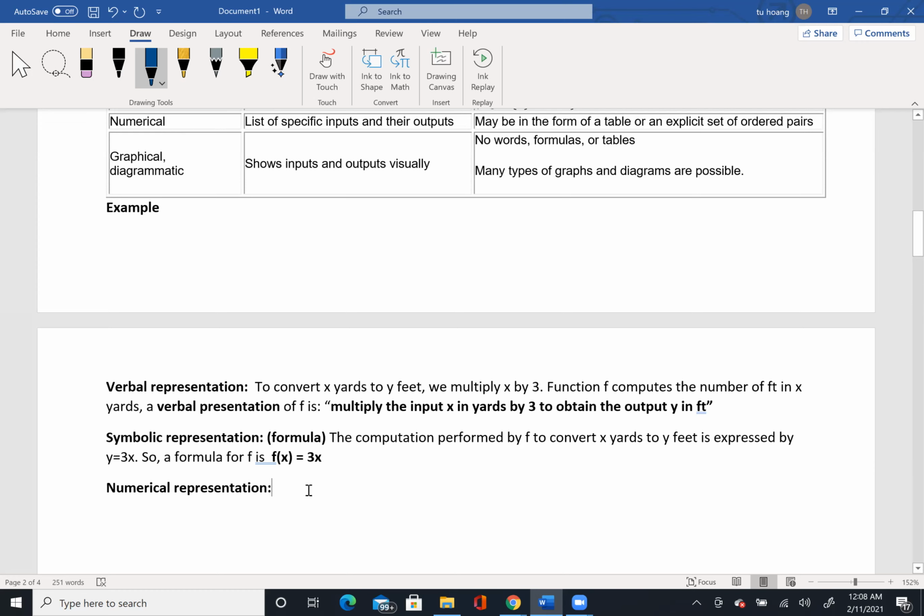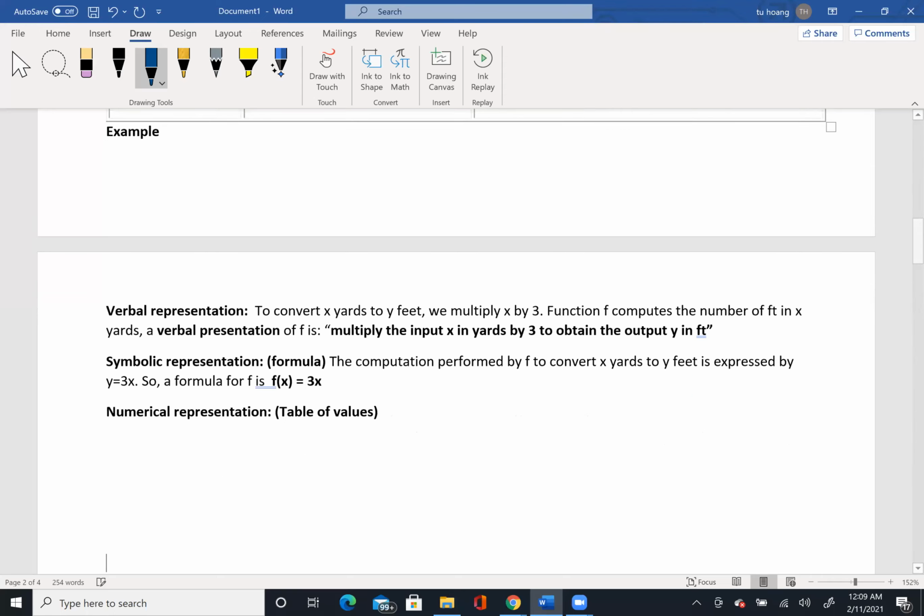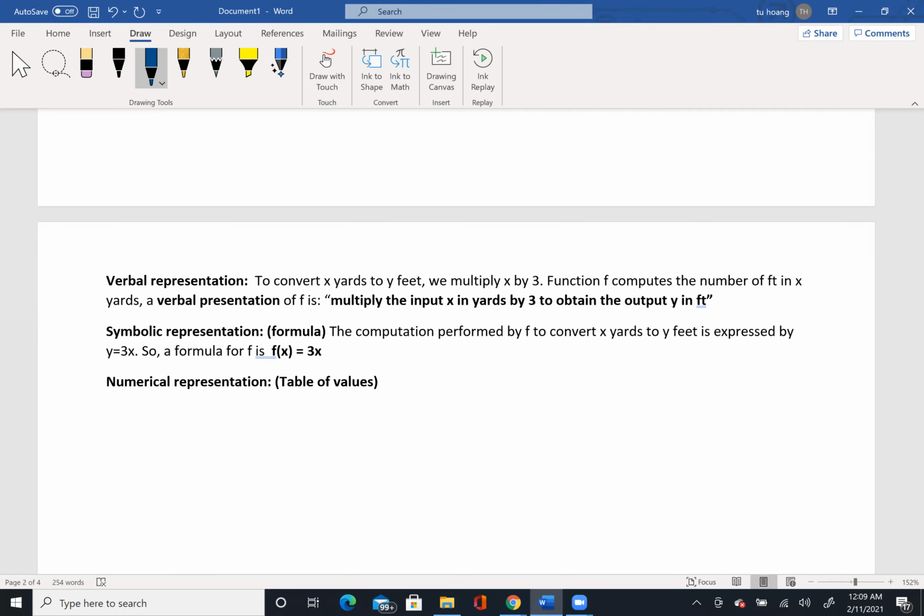For the numerical representation, it is actually like a table of values, right? So I will have a table, we call it a T table.